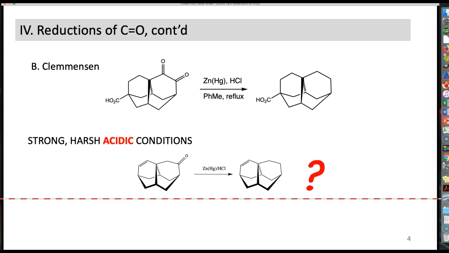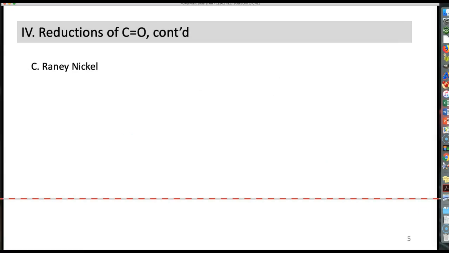And again, I hope you say, oops, no, because clearly I have a double bond there, and in the presence of HCl, of course, electrophilic addition would take place, and my double bond would be gone. It would react with the HCl to make the chloride. So in this particular example, I could use the Wolff-Kishner. Alright, they're both pretty harsh though.